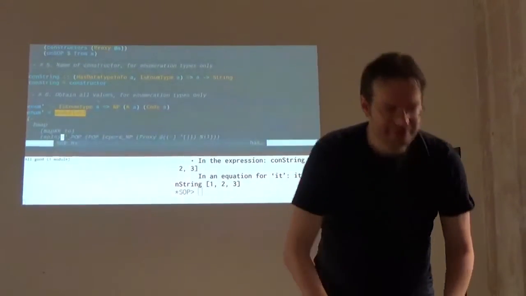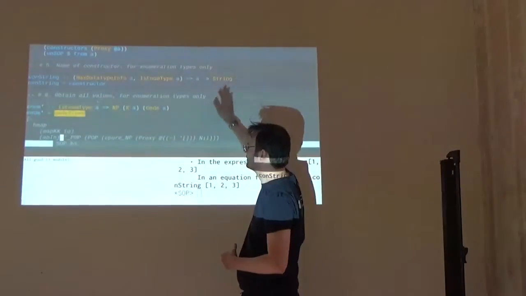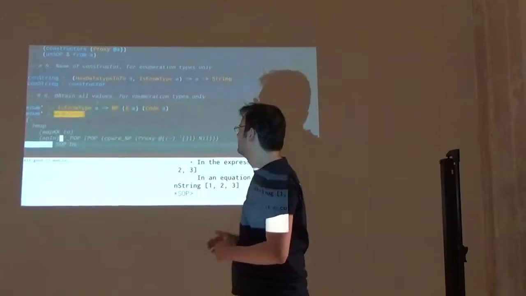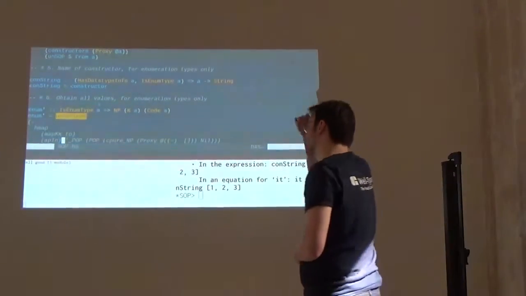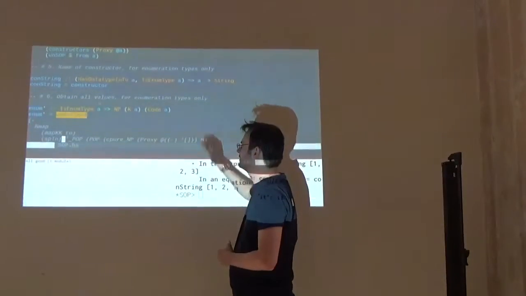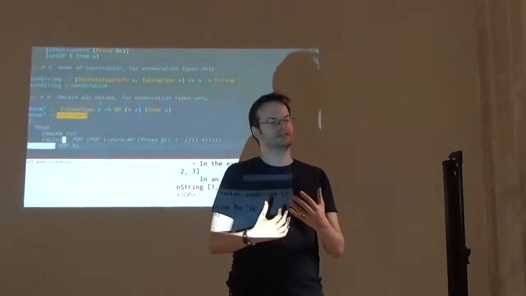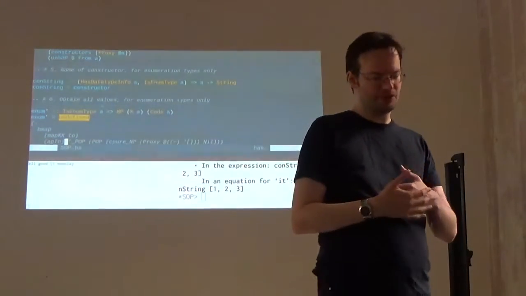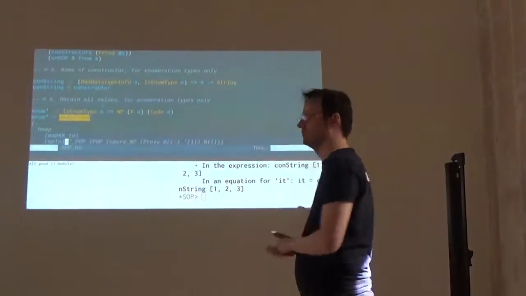Okay, so this is just an arbitrary restriction, but now something where we can actually use this is this function which I want to write, enum, to obtain all values of the data type. But I want to keep it simple, and because I'm almost out of time, to do it only for enumeration types.